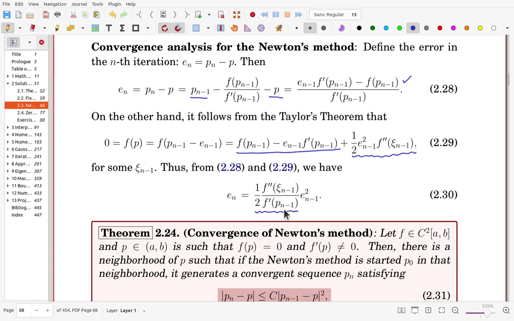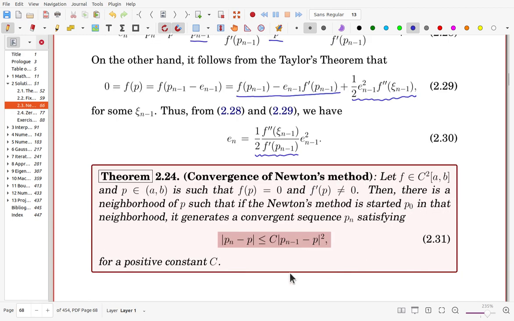If it's near 0 or 0, then this value will be very large, so we should assume this. Then there is a neighborhood of p such that if Newton's method is started with p0 in that neighborhood, it generates a convergent sequence Pn satisfying this inequality.